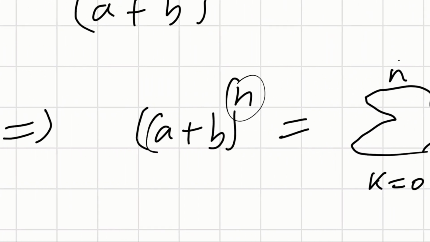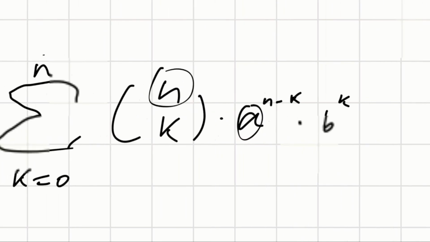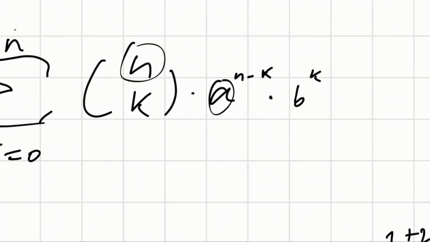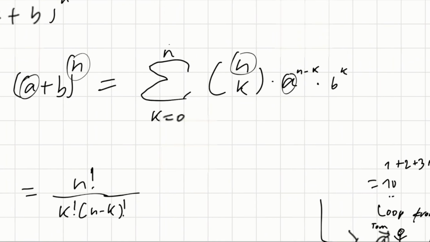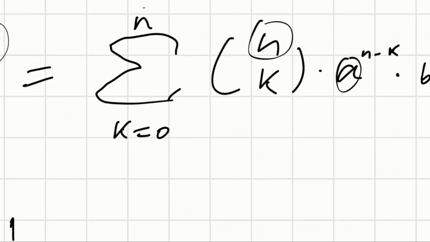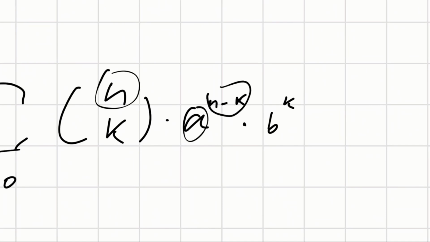A is raised to the exponent n minus k. And b with the exponent of k. This means the more k increases, the smaller the exponent of a gets, and the bigger the exponent of b gets. This is basically the thing it's going to be.